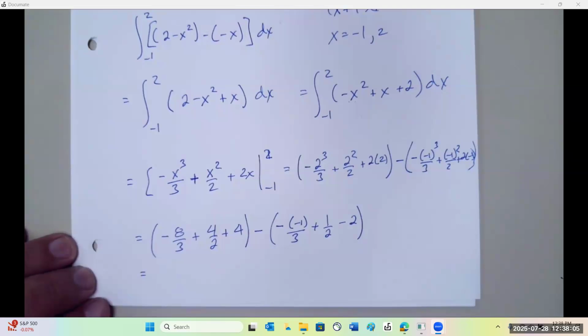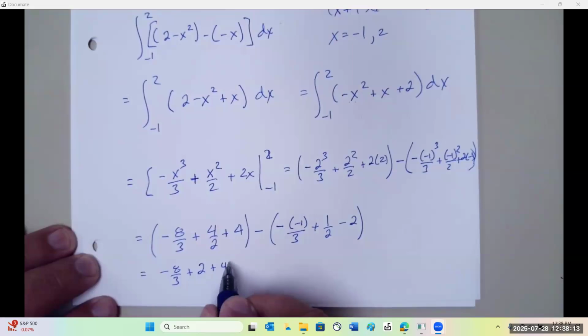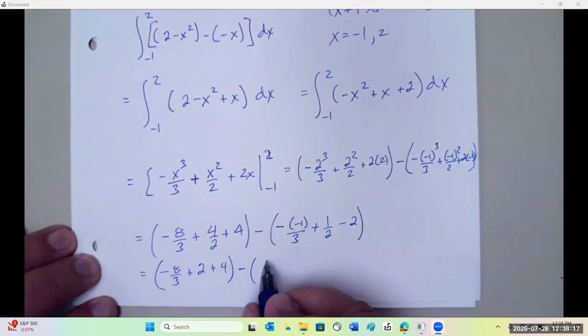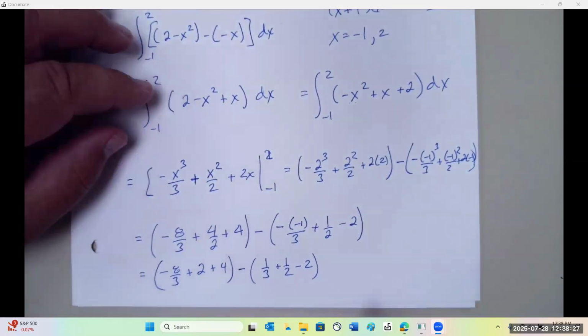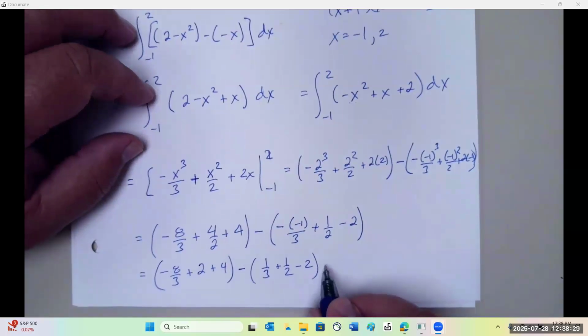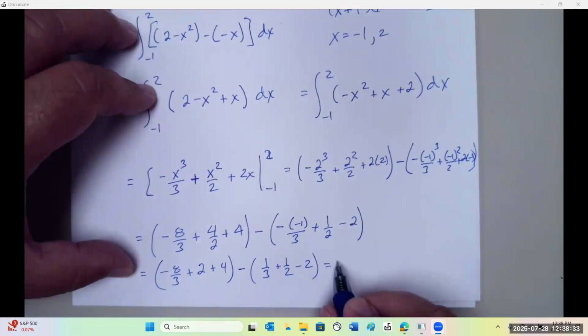So let's see what we have here. We have negative 8/3 plus 2 plus 4, minus positive 1/3, positive 1/2, minus 2. We could remove the parentheses.